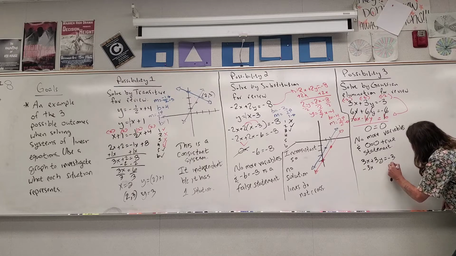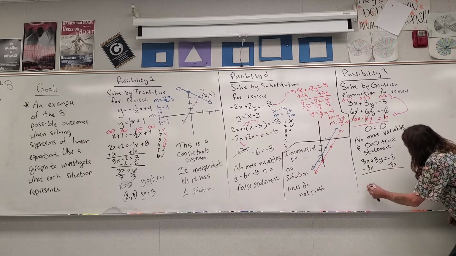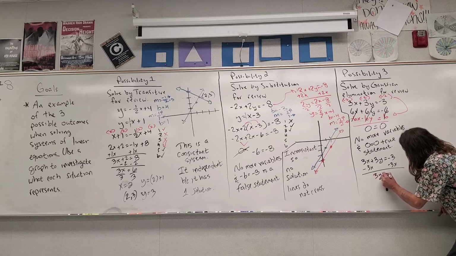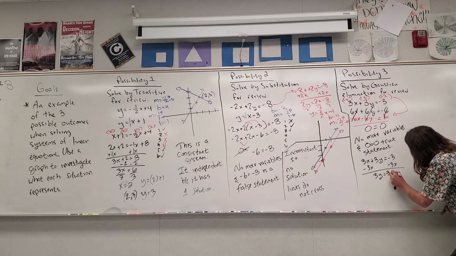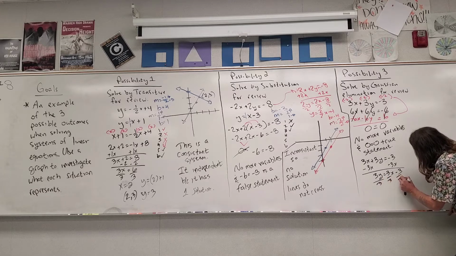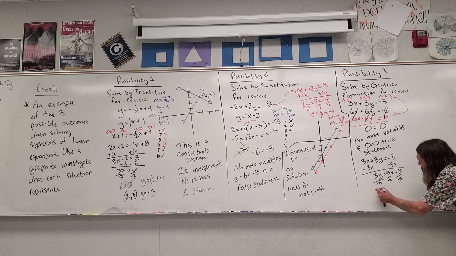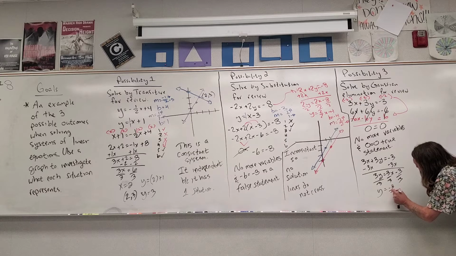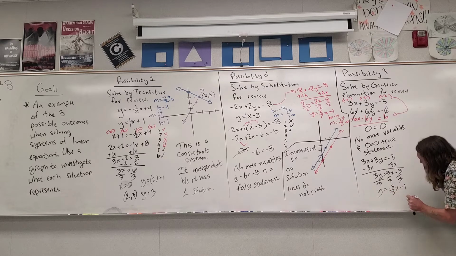Minus the 3x to both sides, I get 3y equals minus 3x minus 3. Divide away the 3 to everybody, and I get y equals negative 3 over 3x minus 1.